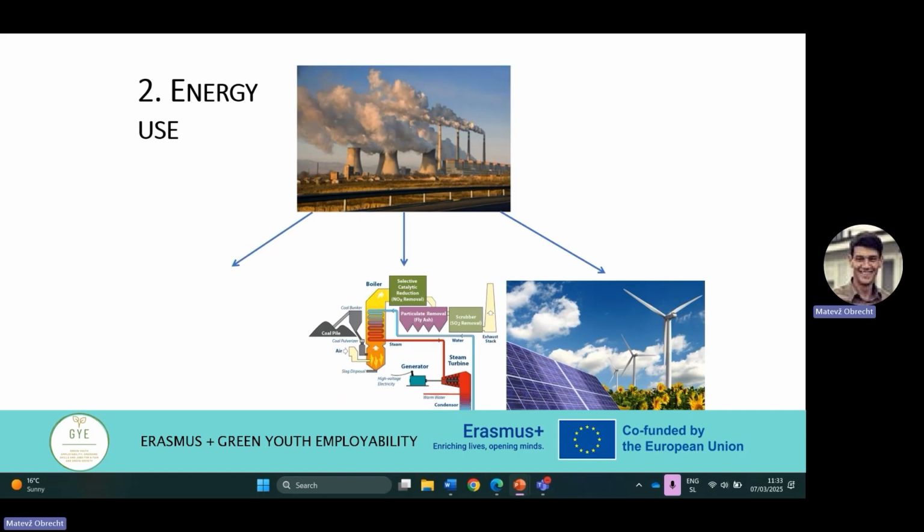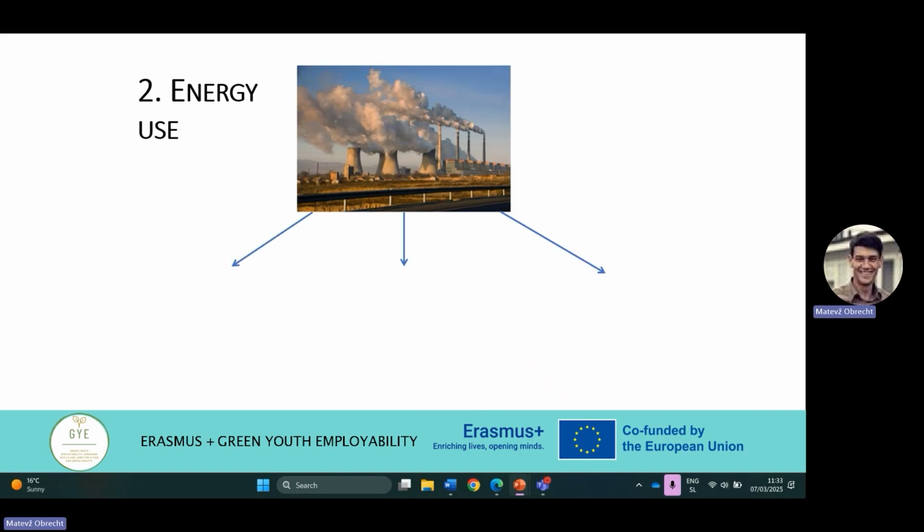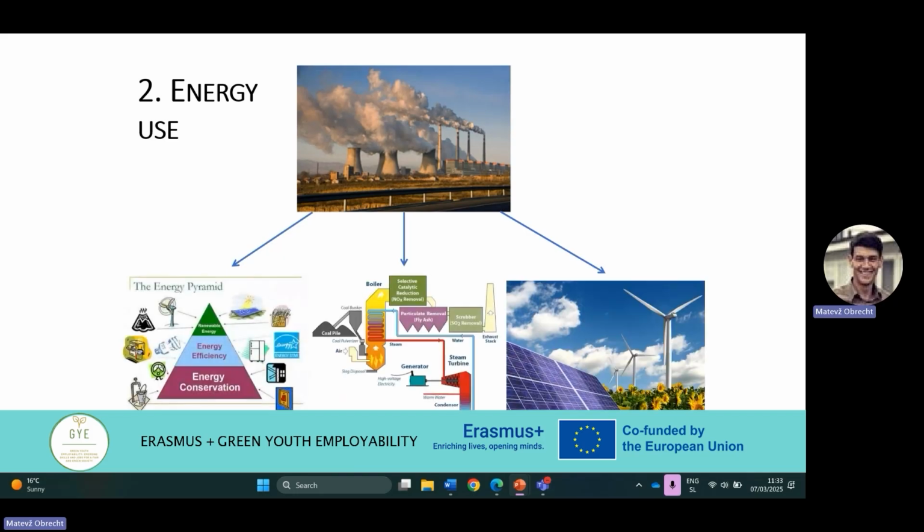If we talk about doubling the efficiency of fossil fuels, we come to the third picture, which is the energy pyramid. The energy pyramid clearly shows what should be the priority, what should be the second step, and what is the last step.